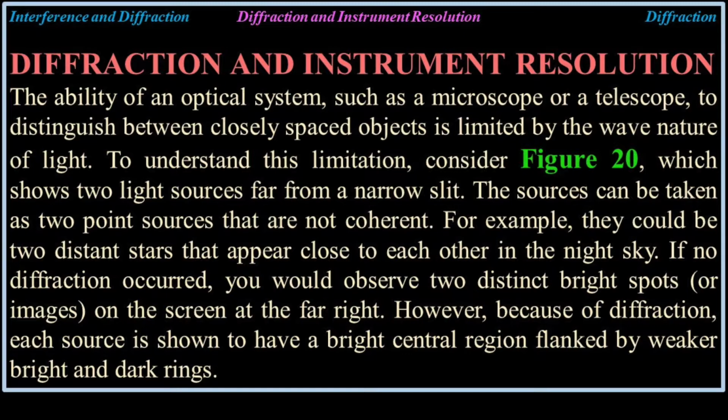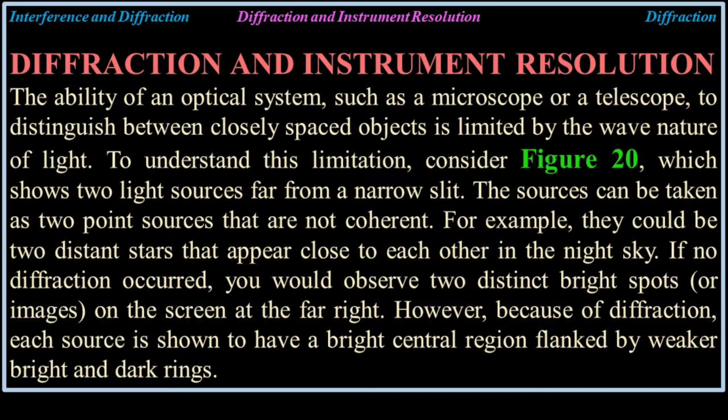To understand this limitation, consider Figure 20, which shows two light sources far from a narrow slit. The sources can be taken as two point sources that are not coherent. For example, they could be two distant stars that appear close to each other in the night sky.